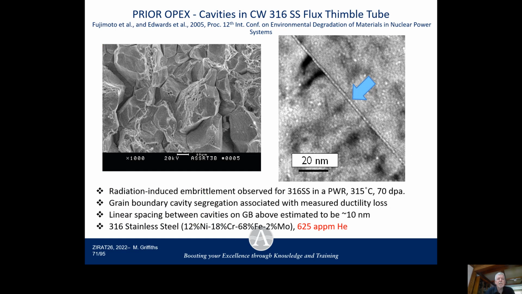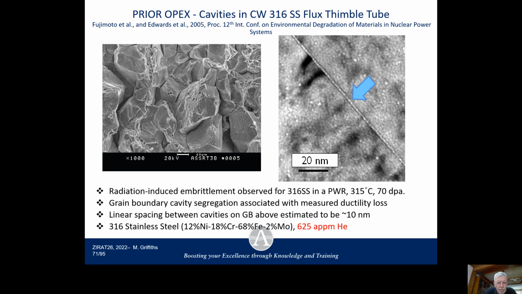But what about power reactors? In the power reactors, recent data has shown that even in power reactors, we can get some bubble formation on grain boundaries. And that is associated also with a propensity to more intergranular fracture.